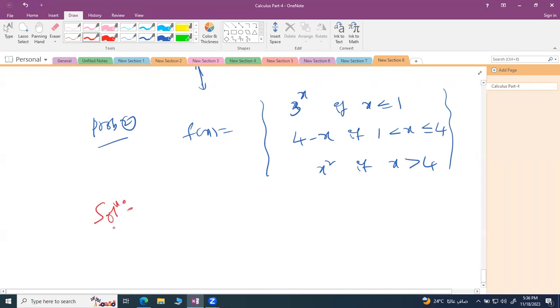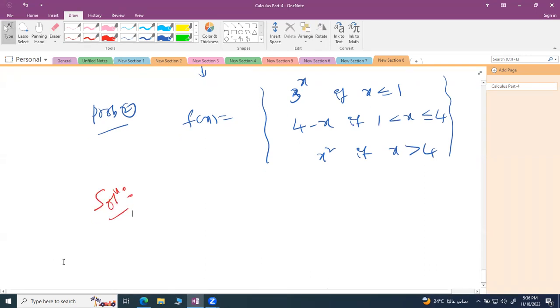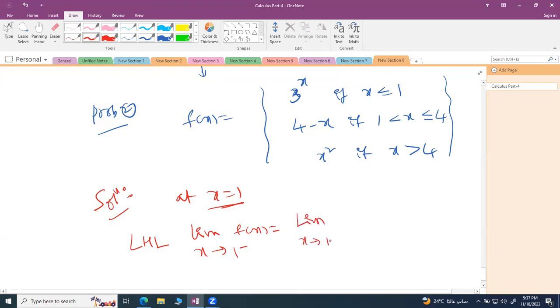Solution. Clearly, we have to check the continuity at x equal to 1 and 4. At x equal to 1, you have to take the left hand limit, limit x goes to 1 minus f of x. If it is x less than 1, limit x goes to 1 minus 3 power x is equal to 3.